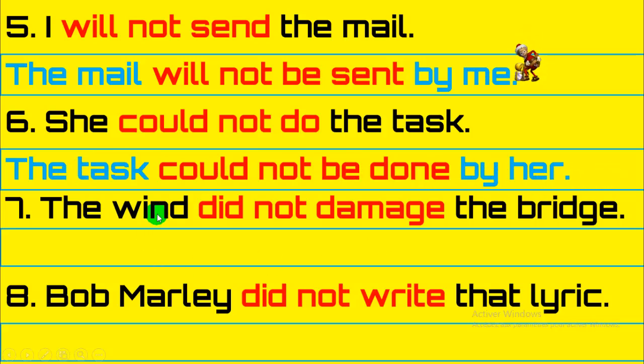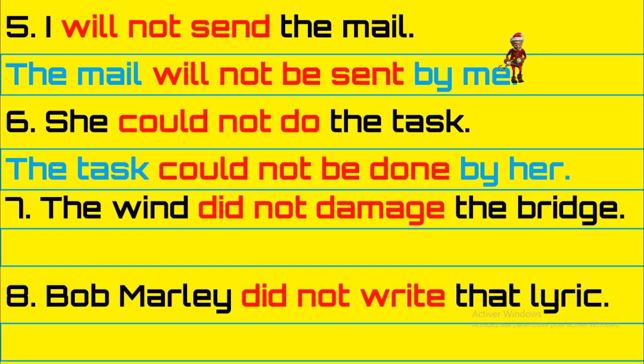The wind did not damage the bridge. The wind had not destroyed the dam, or rather the bridge. So, negative form, did not damage, did not be doesn't exist. Damage is conjugated in what tense? The preterite. In what form? Negative. We will conjugate "to be" in the preterite, was. Negative form, was not.